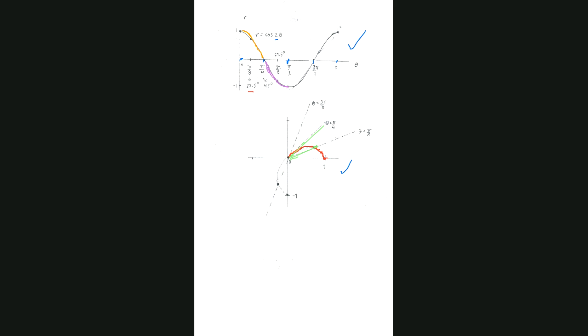Well, is the radius positive or negative? Okay, Ryan's right. It's below the axis, so the radius is negative here. So the radius from 45 degrees to 90 degrees, pi over 2, is negative.